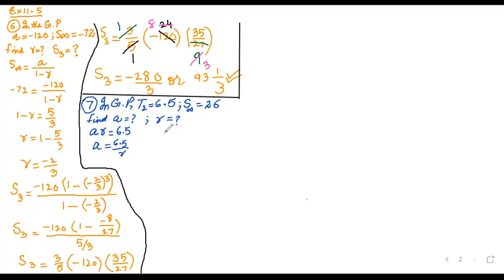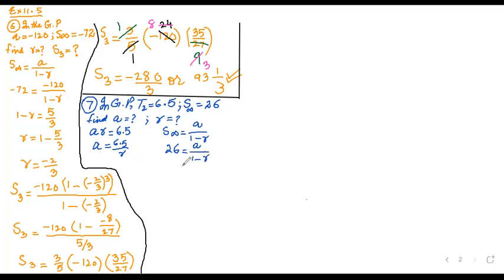So using the sum to infinity formula here, S infinity is equal to A upon 1 minus R. Now the value of sum to infinity is given as 26. So using 26 here, A upon 1 minus R.